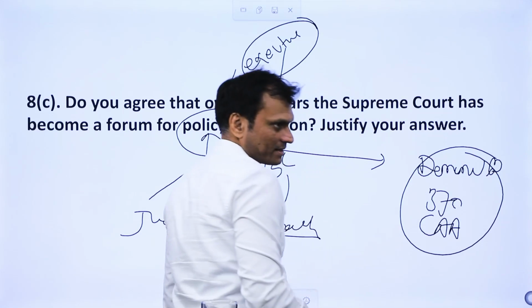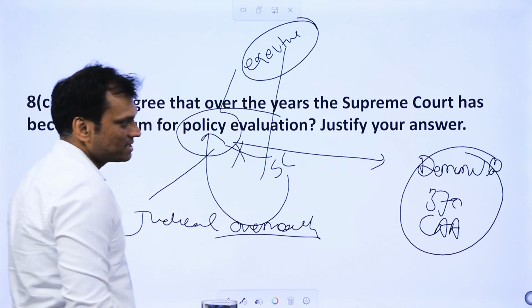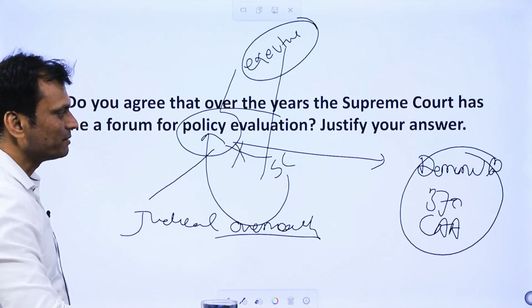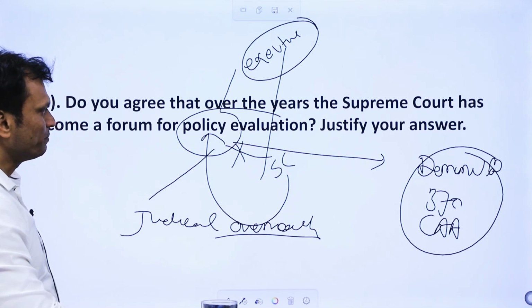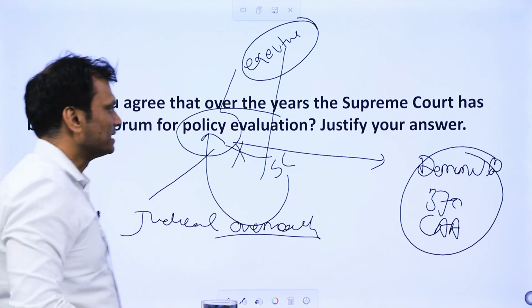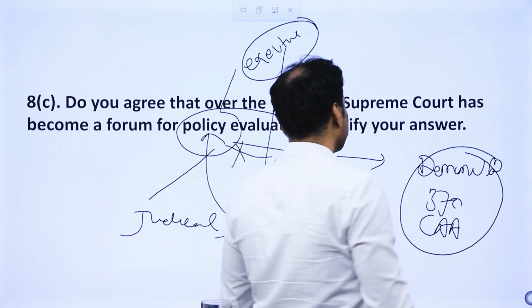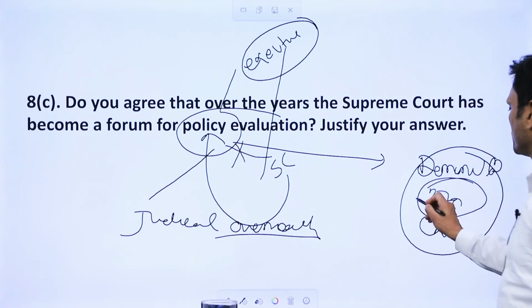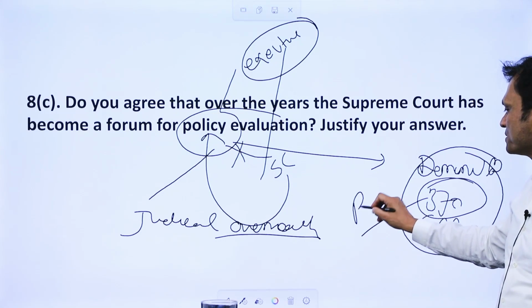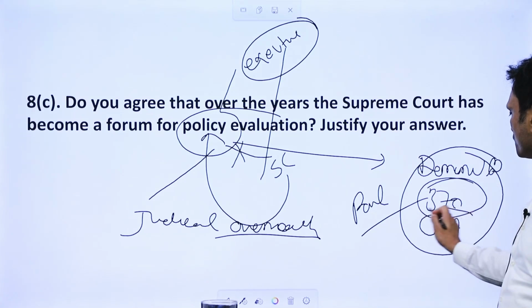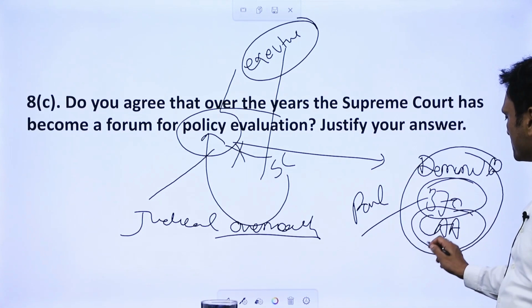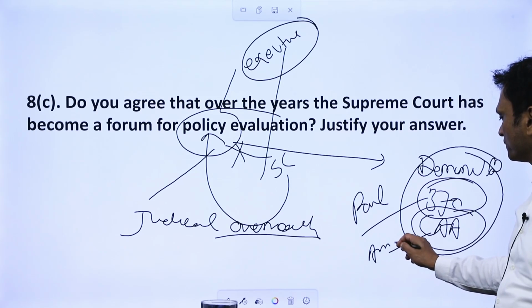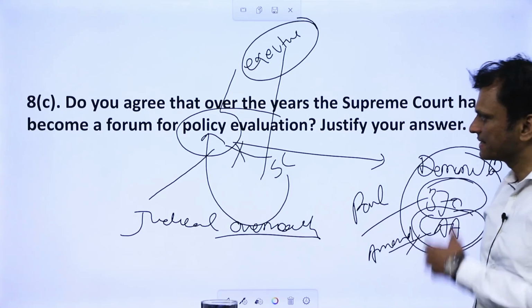Many such policies have been challenged in the Supreme Court through PIL. The point here is, this is not only policy but also a parliamentary law. This is not only a law or policy but an amendment of the law, meaning the law itself.